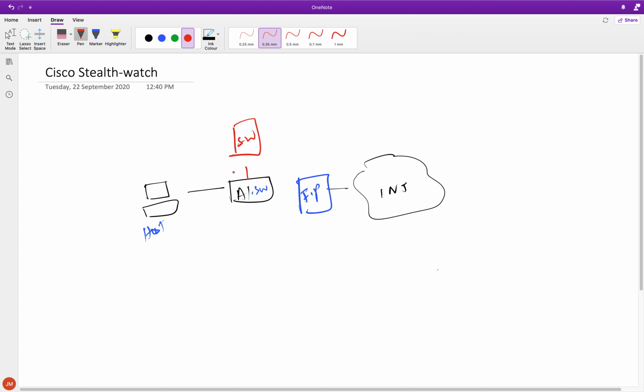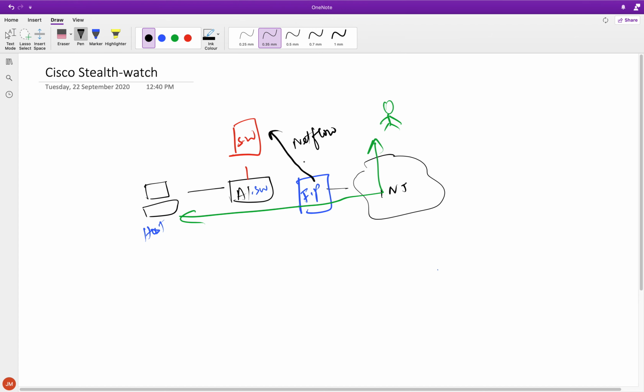I'll explain what Stealthwatch does, but think of it this way. Once you put Stealthwatch here, the traffic flows around inside my network in both directions. This is outside, there is a guy on the internet I'm talking to, probably a web server or a database, whatever it is. So what I can do is put Stealthwatch inside my network and export, or rather, Stealthwatch works mainly with NetFlow.